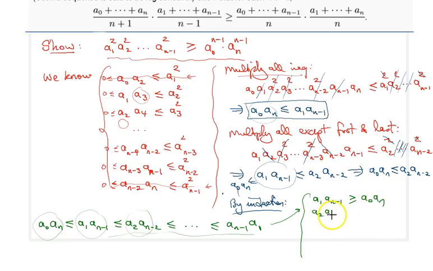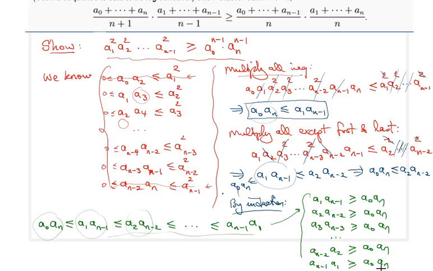A sub 2 a sub n minus 2 is also greater than or equal to a sub 0 a sub n, and I can continue in this fashion, all the way till the last lines. Let me just write down the last two lines: a sub 2 is greater than or equal to a sub 0 a sub n, sorry for that, and finally a sub n minus 1 a sub 1 is greater than or equal to a sub 0 a sub n.